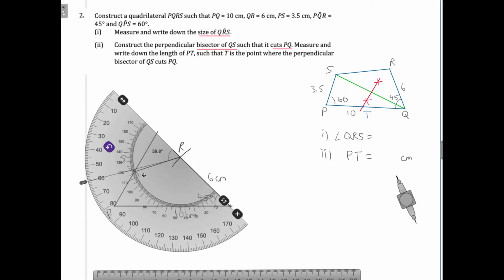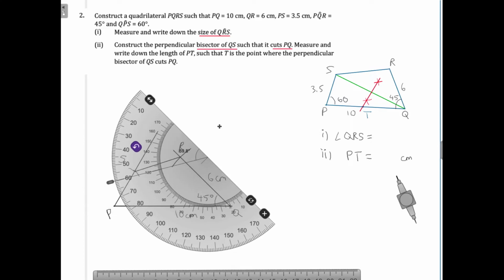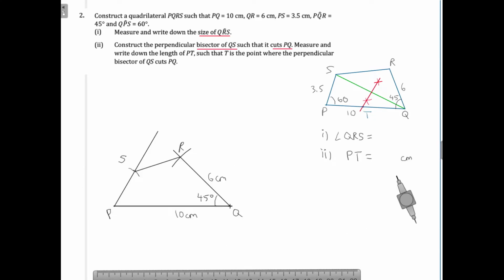Right, QRS is an obtuse angle, right? So it is about 119 degrees.